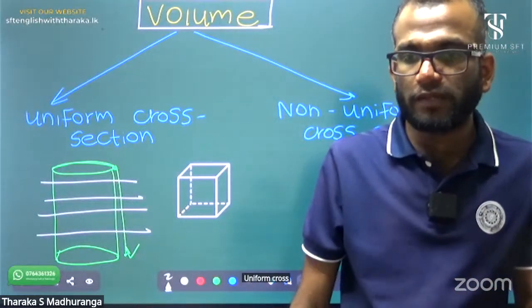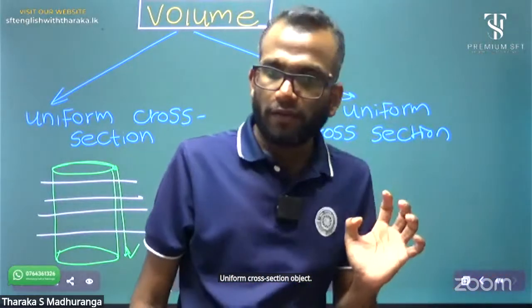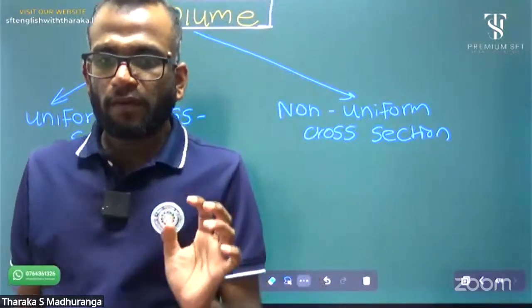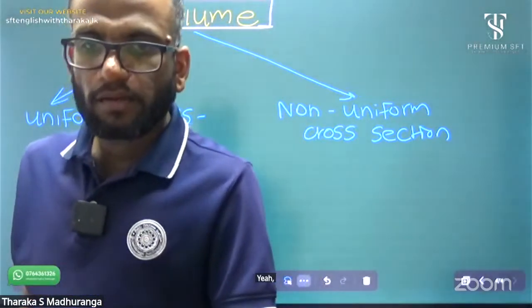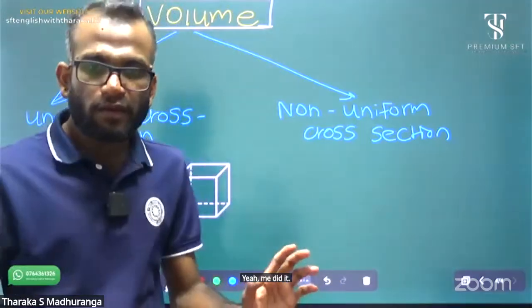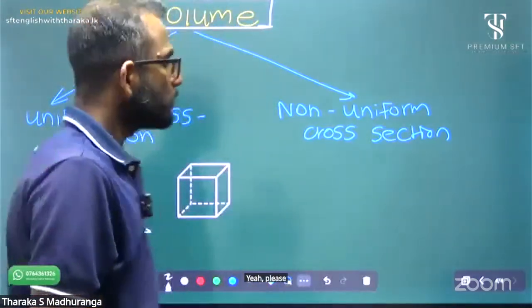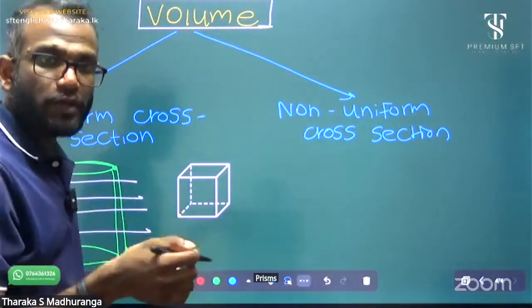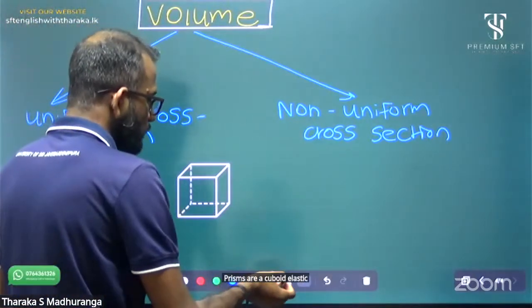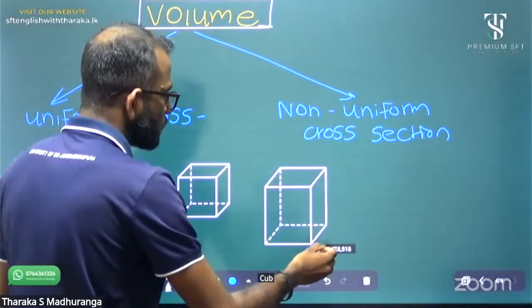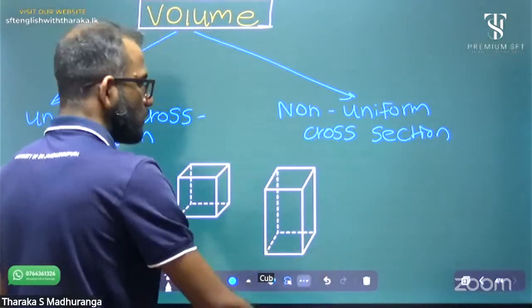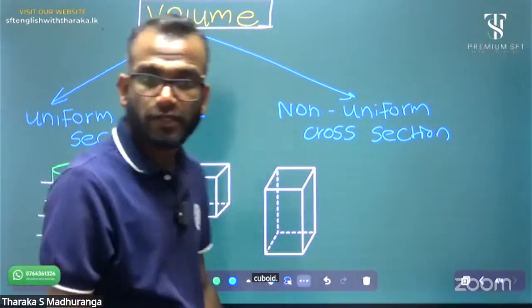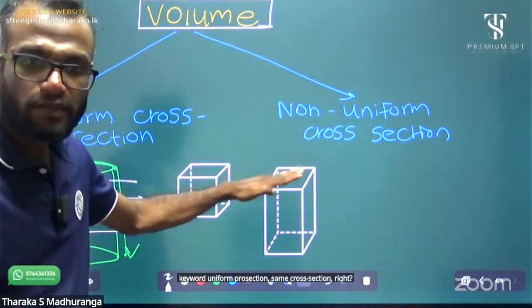Uniform cross-section object. Yeah, prism. All types of prism. Prisms like a cuboid. Uniform cross-section, same cross-section, right?